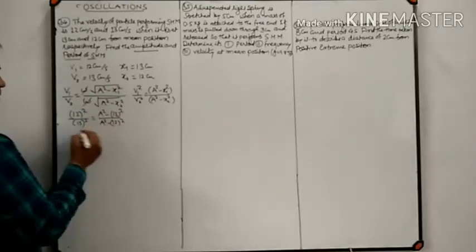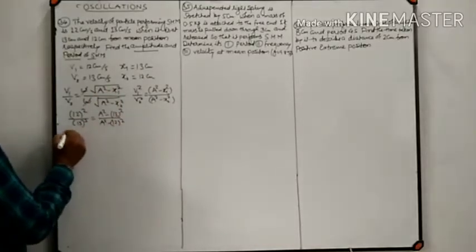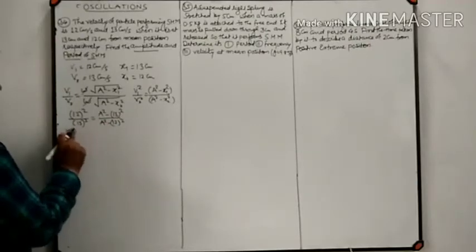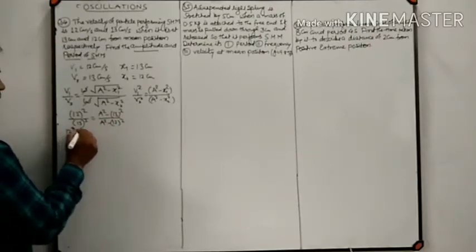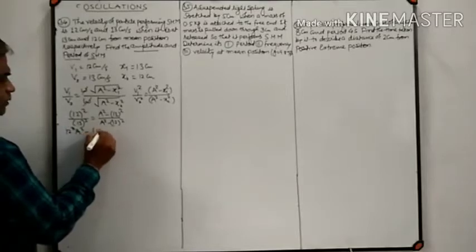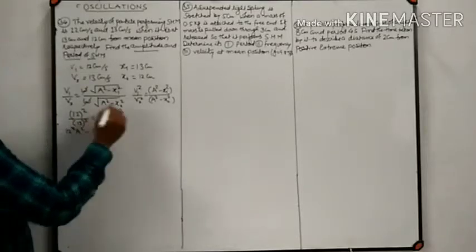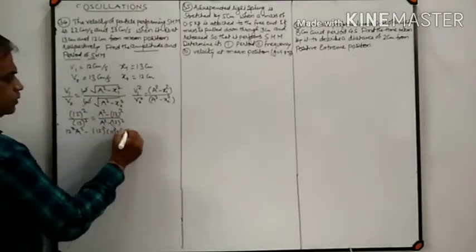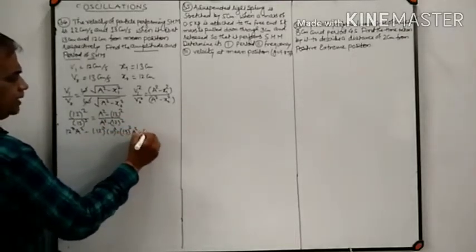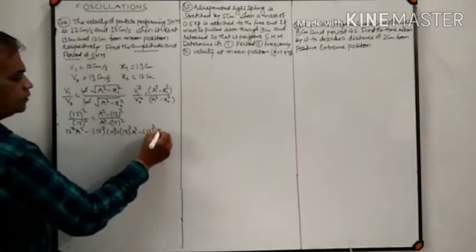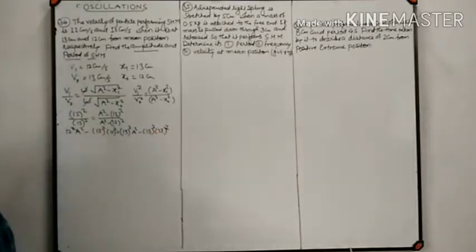Now cross multiply this. So you will get 12 square into a square minus 12 square into 12 square is equal to 13 square into a square minus 13 square into 13 square.